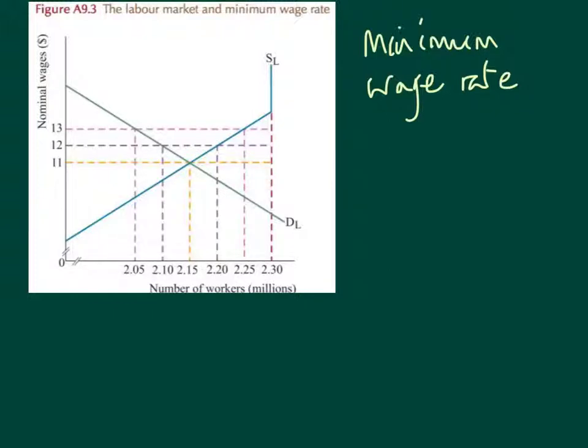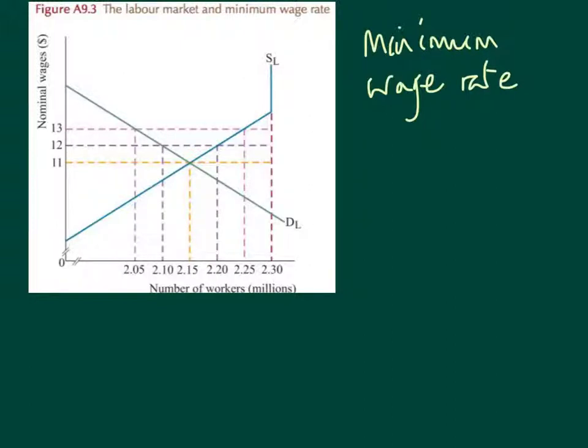So if you look at the graph at a wage rate of $11 here, we're in equilibrium and we are employing 2.15 million workers. Now, if the minimum wage rate is set above equilibrium, the market is unable to achieve equilibrium.